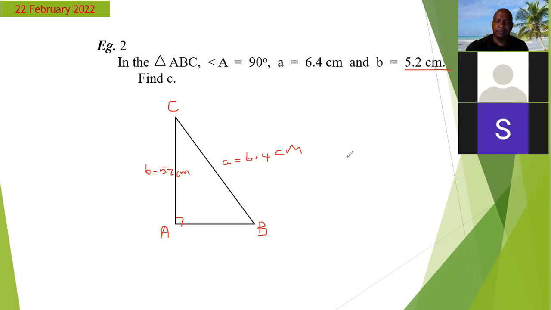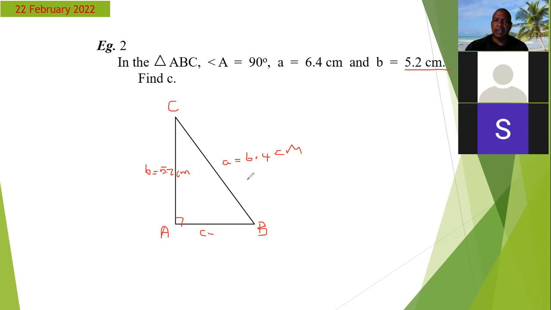Yes, sir. Because we're finding C, sir, I'm just telling you how I have mine. No problem. Are you finished with the labeling? So common C will be between A and B. Okay, correct.